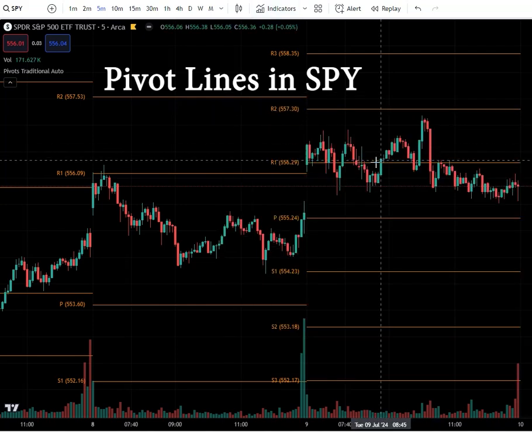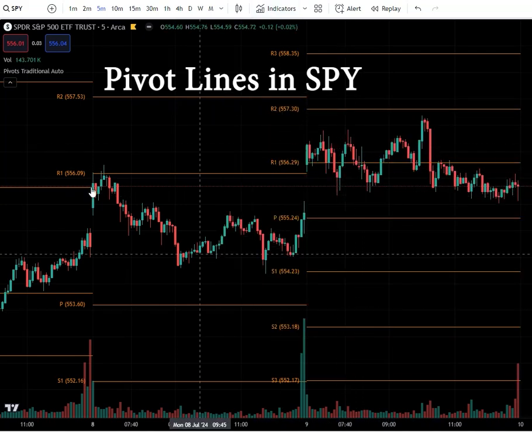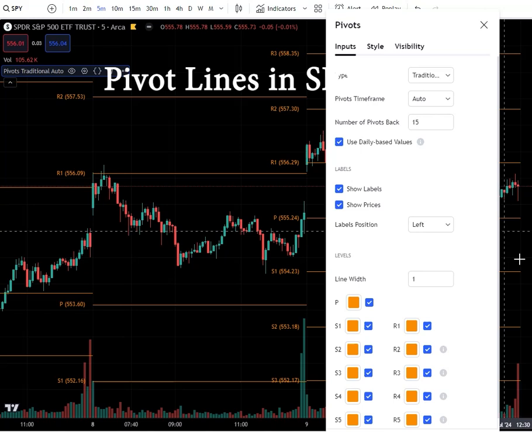As soon as you add them, you see these lines on the chart. In the settings, if you'd like to remove some of these support and resistance lines, it's pretty easy, but I strongly recommend you keep them as is. Sometimes you need to go back more than 15 days, so you can set it to 150 days, and I think that's the maximum.